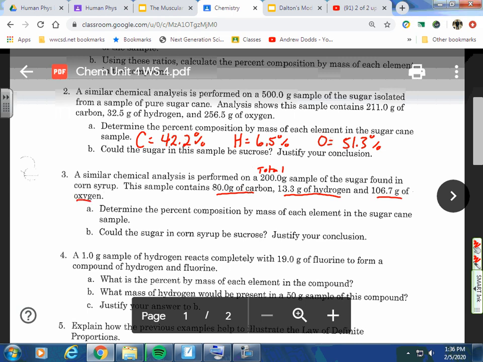So for carbon, the percentage is going to be 80 grams over the total, which again is 200. If I divide 80 by 200, I think I get 0.4. Everybody agree? So if I change that to a percentage, I get 40%.